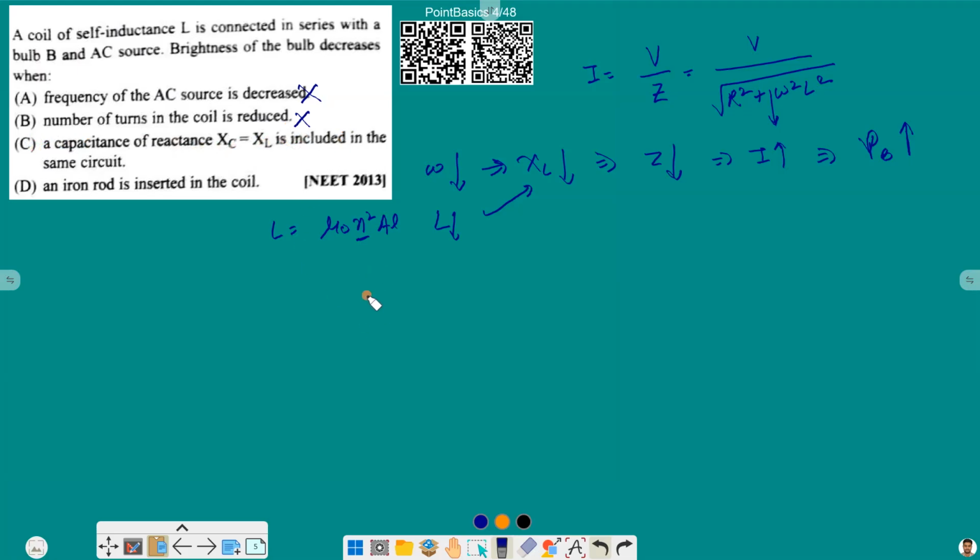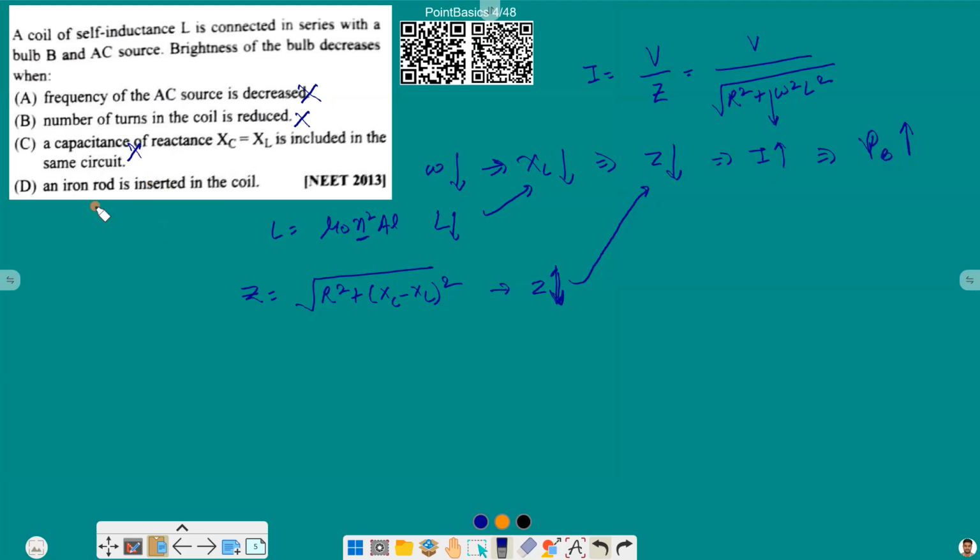Now we know the actual formula for Z is the square root of R square plus XC minus XL whole square. So if they are offering equal impedance, the two will cancel out, and we can say Z will decrease. And if Z decreases, again this cycle will start and power will increase.